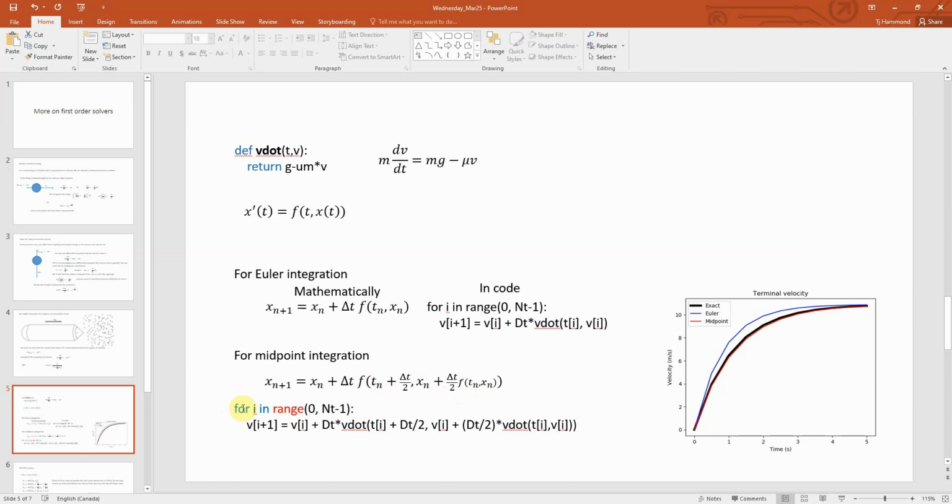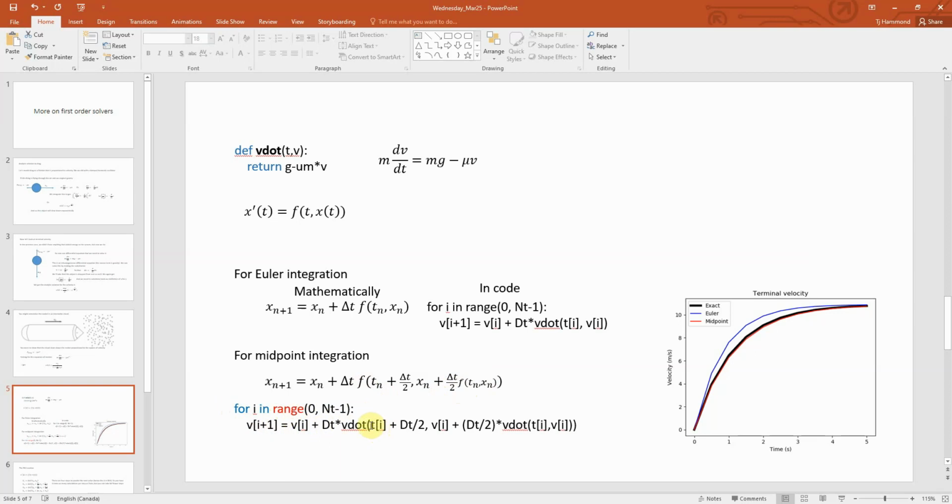Well, we just say for i in range 0 to n minus 1, our v of our next step is our current step plus dt, this time step, times v dot. And what's in our v dot?